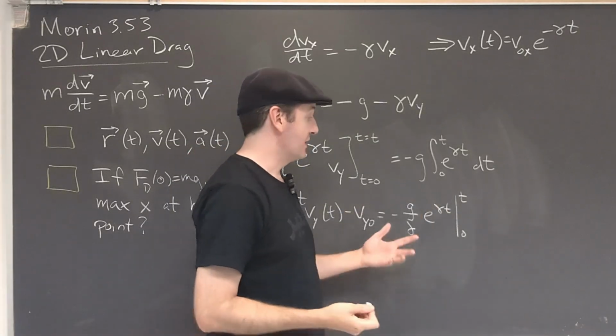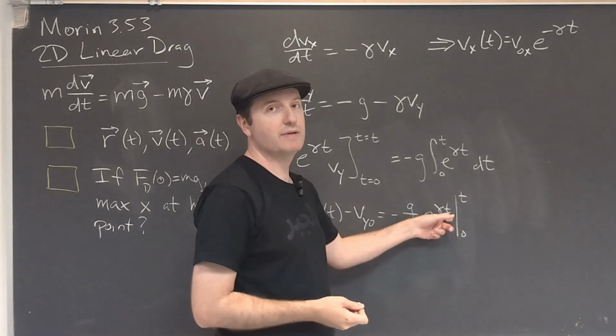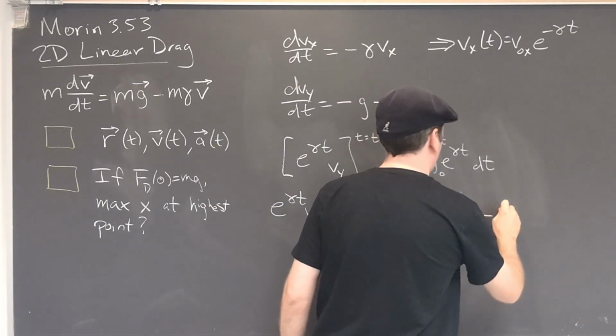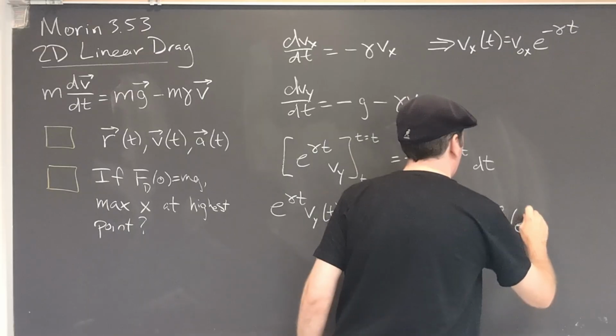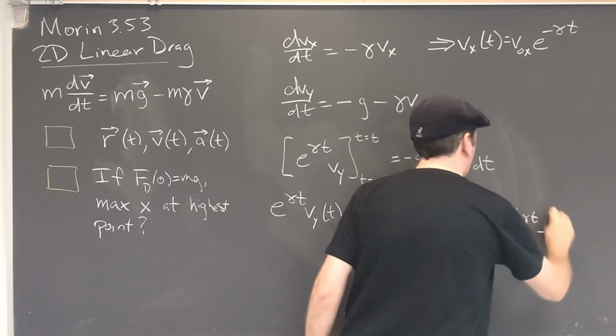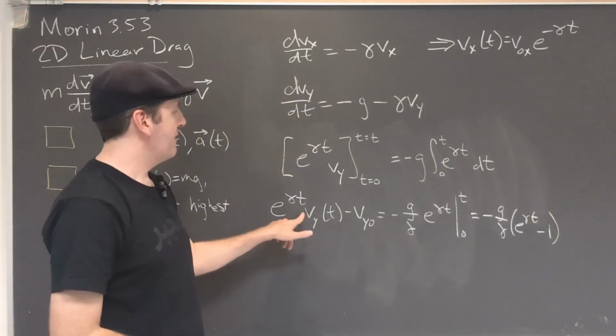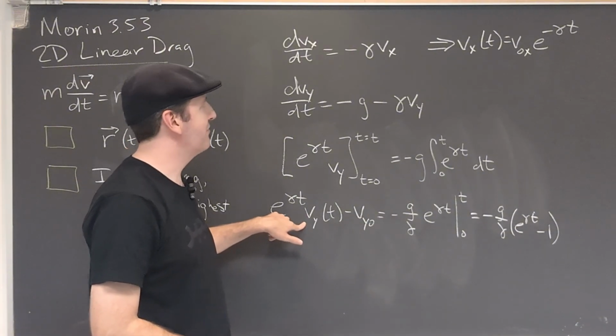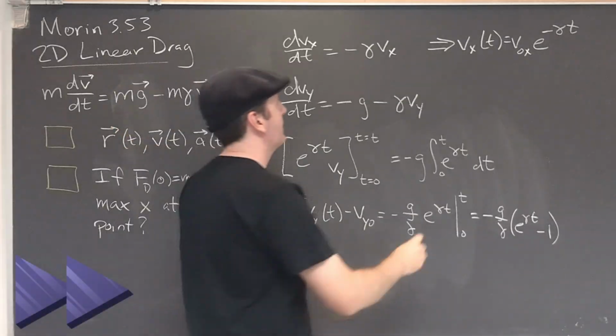Plugging in t, of course, gives me the t, and then plugging in 0 does give me an e to the 0, which is another 1. And then simply solving for vy of t will give me my final answer, which I'll put up here.